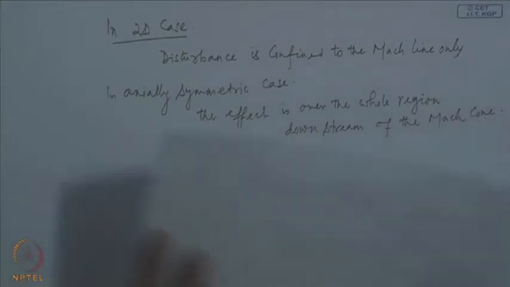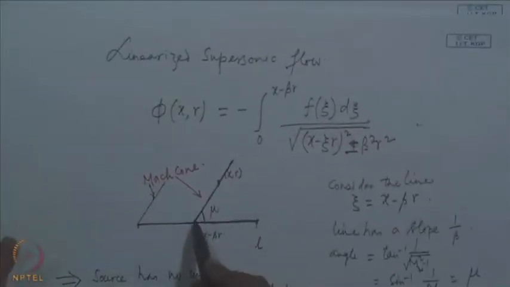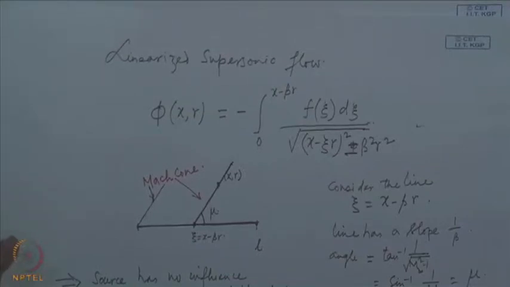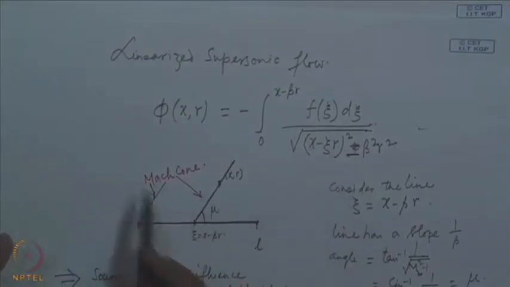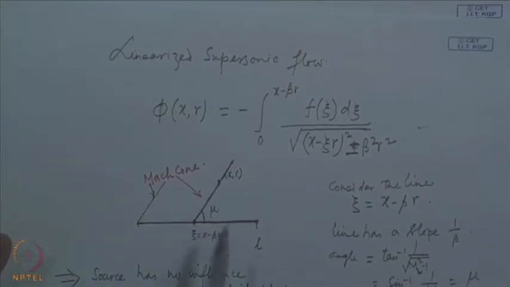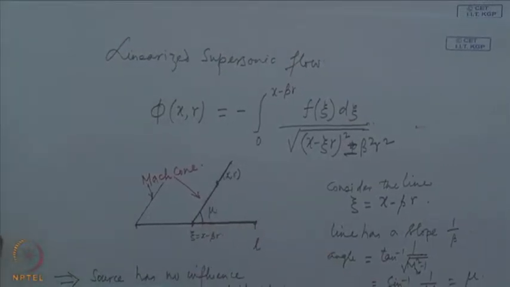That is, the disturbance created by any part of the source is confined downstream of its Mach cone, but the disturbance has no influence ahead of the Mach cone, or this has a limited upstream influence.